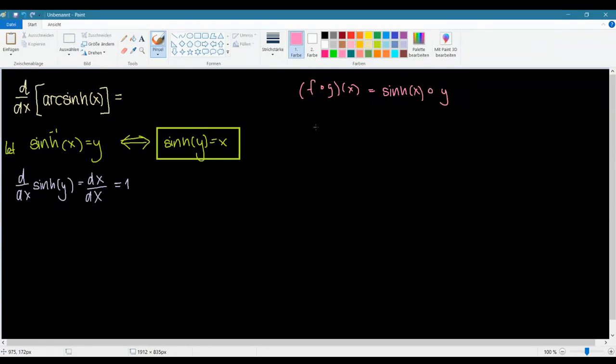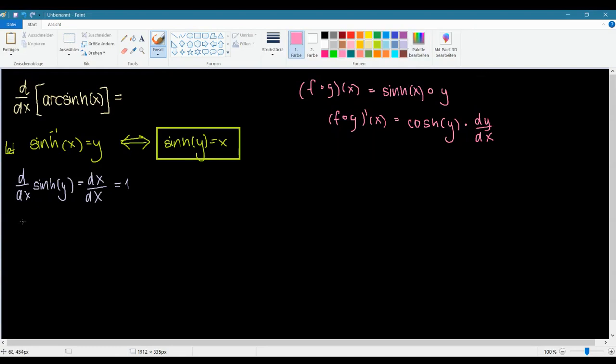Therefore, we take the derivative of f composed with g of x. It's going to need to be the derivative of hyperbolic sine x, which is actually hyperbolic cosine x, but instead of x, it's y, and we multiply that by dy/dx. Okay, so that's where I was trying to go in my head, and I just needed to write it down.